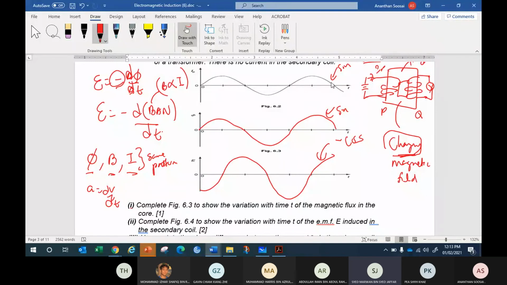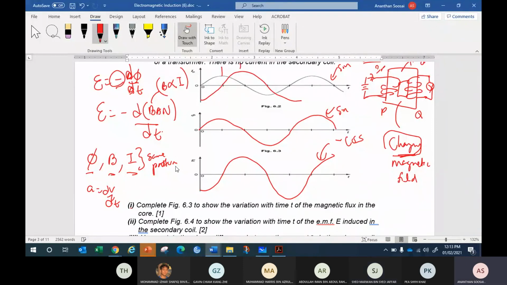IP is what graph? Sine. And EMF is negative cos. What is the phase difference? Use your wave knowledge. You draw the cos, negative cos here.